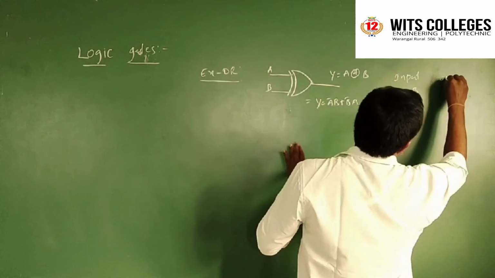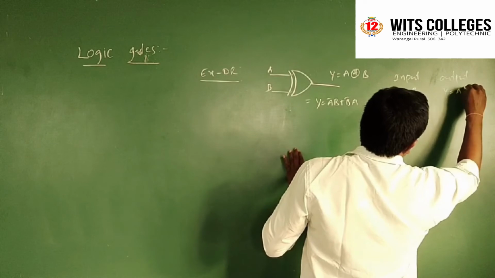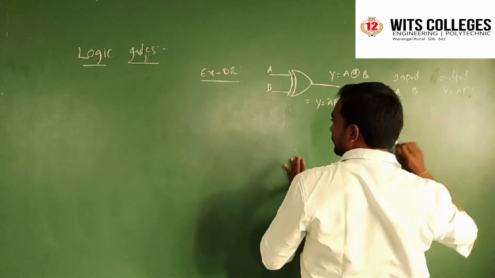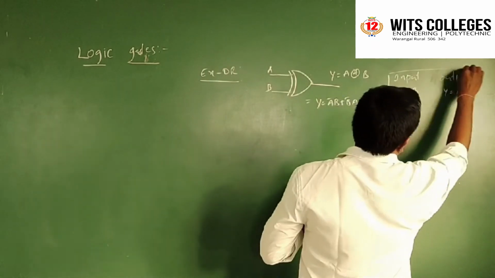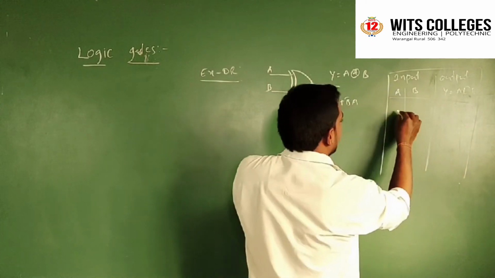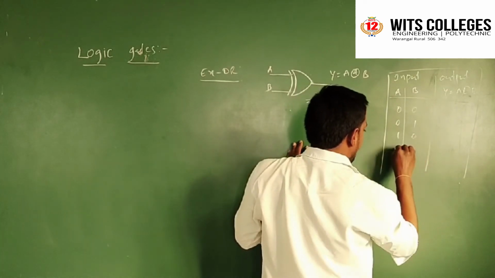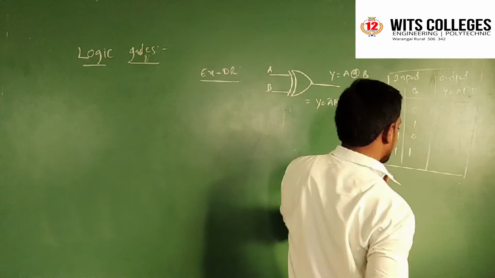Okay, and coming to the truth table, here we are giving the inputs A and B, and we will get the output Y equal to A exclusive OR B. For this we will get the combinations 0 0, 0 1, 1 0 and 1 1, 4 successive combinations.